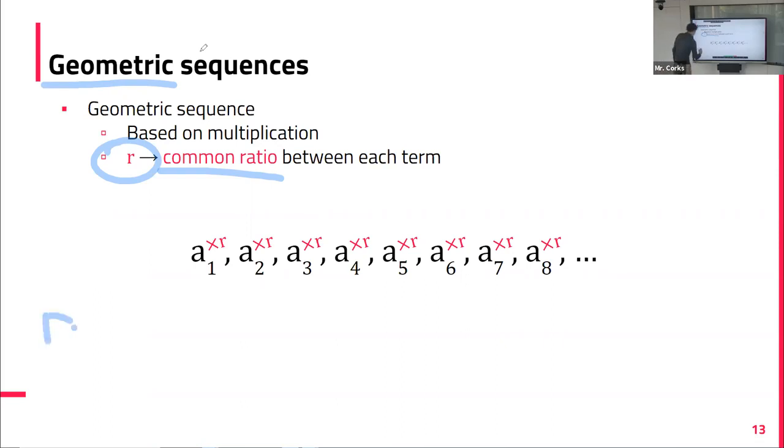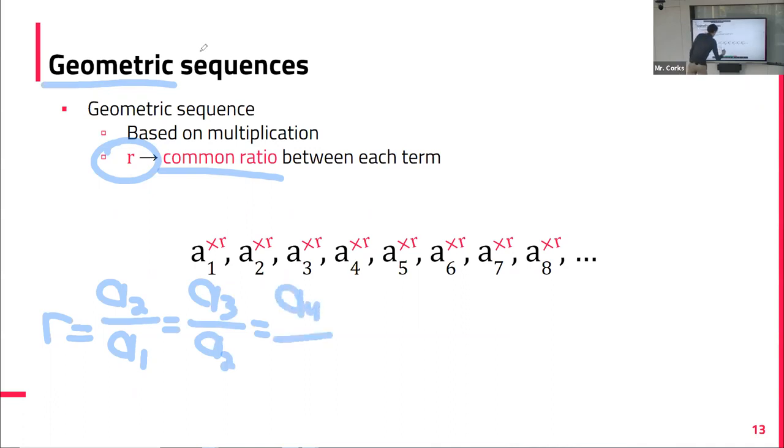Just like with our D value, R is going to be equal to A2 over A1. That will give us R, and that's of course equal to A3 over A2, A4 over A3, etc. So if we divide any two sequential terms, we'll get back to our R value.